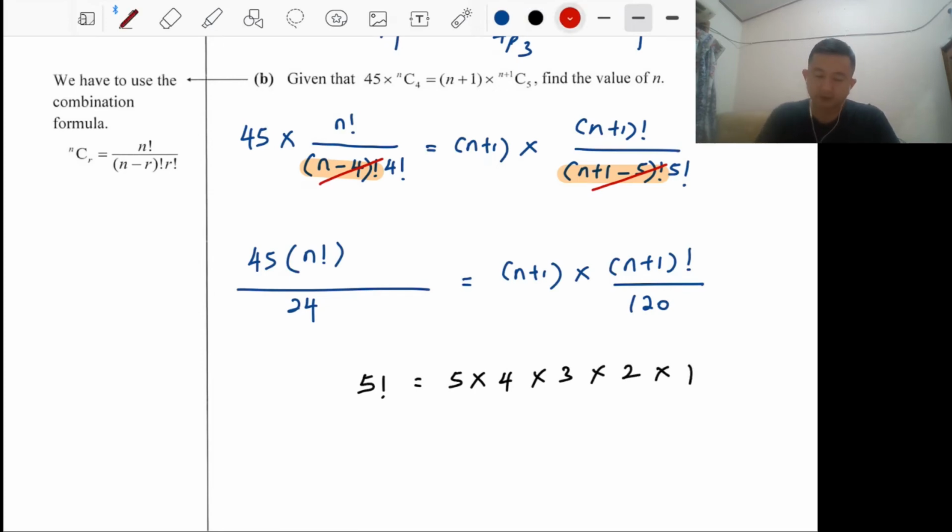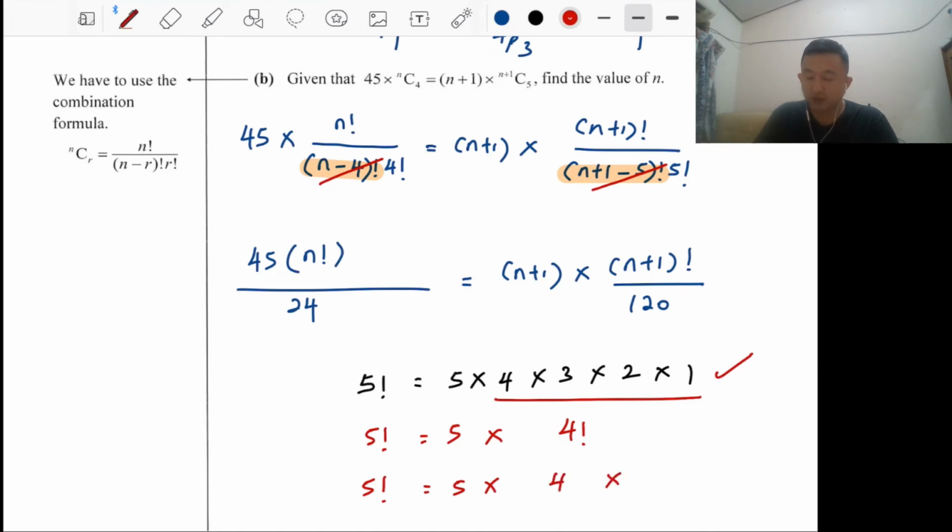But 4 times 3 times 2 times 1 is actually 4 factorial. So I can also write 5 factorial as 5 times 4 factorial. Actually I can also write it as 5 times 4 times 3 factorial. Can you observe the pattern?